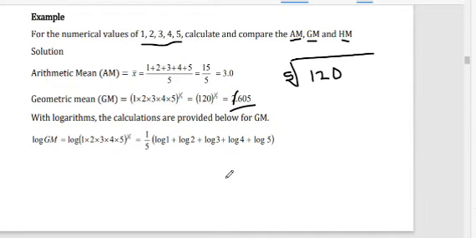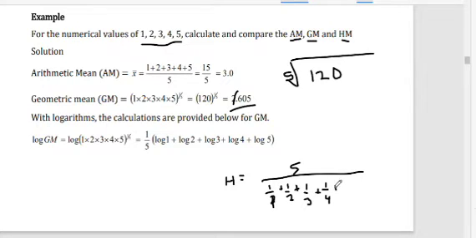So harmonic mean is the number of terms, 5, divided by 1 over 1, plus 1 over 2, plus 1 over 3, plus 1 over 4, plus 1 over 5. And this is going to be the harmonic mean, HM.